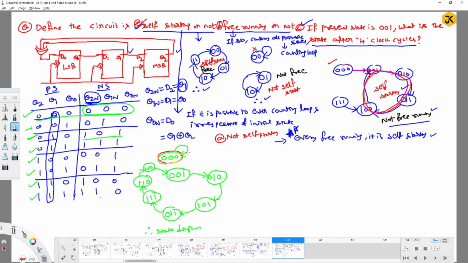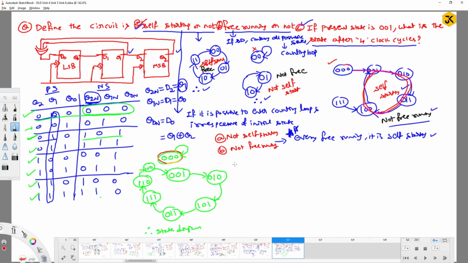It's going to be only counting 0. That's the reason. If at least one thing fails, I can say that it is not self-starting. What about, is it free running? Just check. If it wants to be free running, it has to have a loop, and that loop contains all states. So it is not going to be free running also.